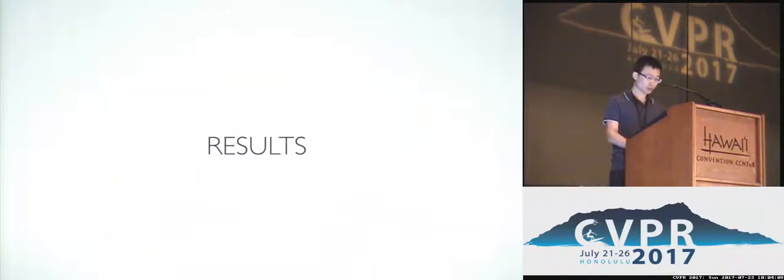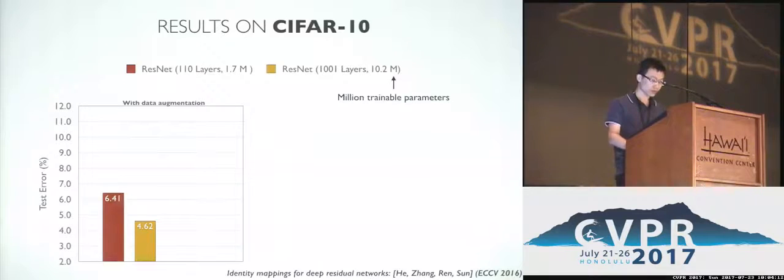Finally, let's take a look at how DenseNet performs in practice. We first run DenseNet on the CIFAR-10 dataset, which is a classification dataset with 10 classes. Here are the results of ResNet.